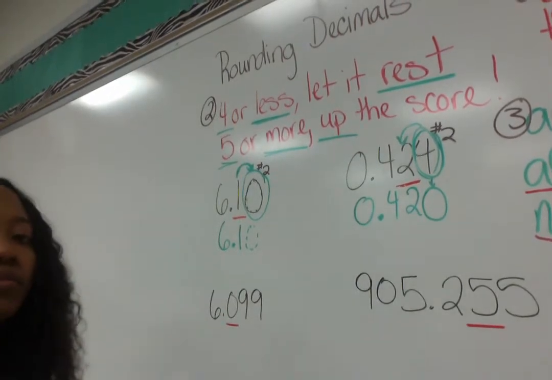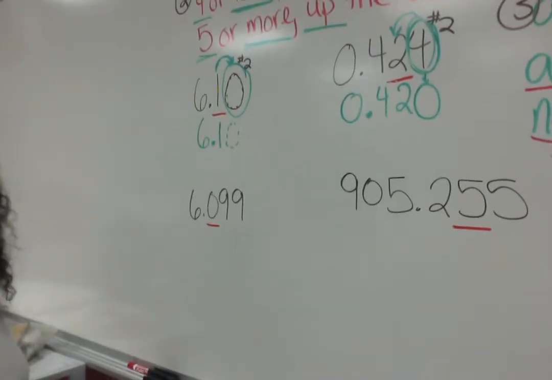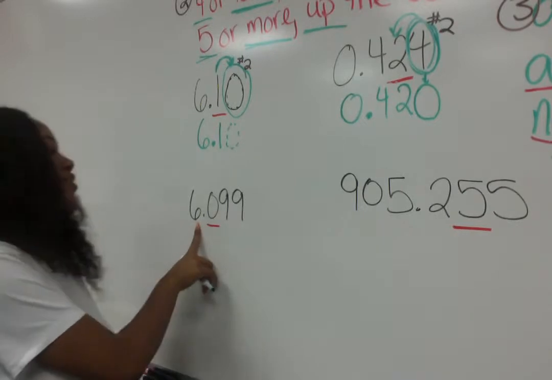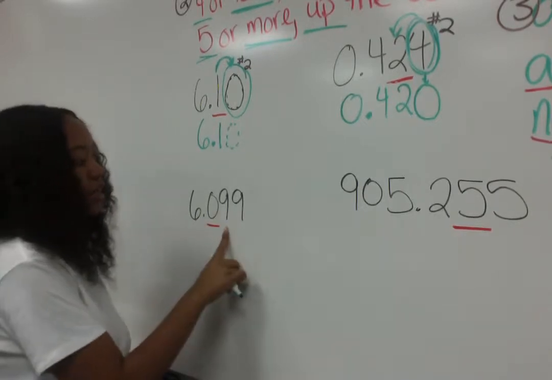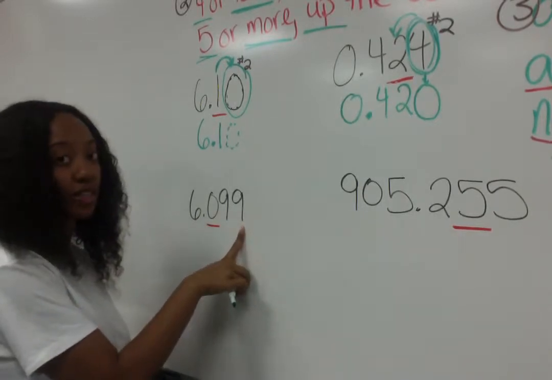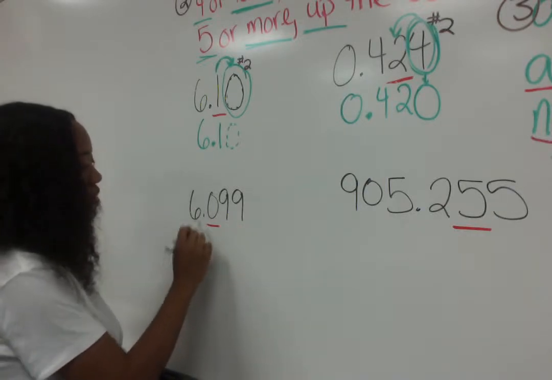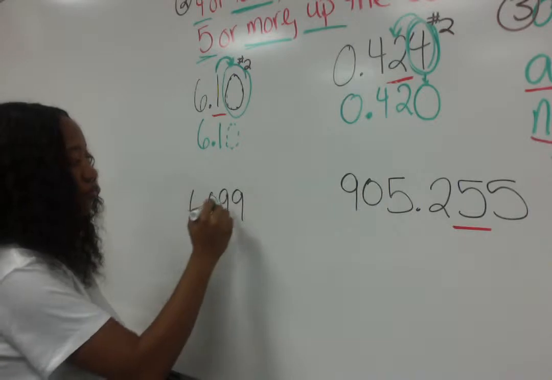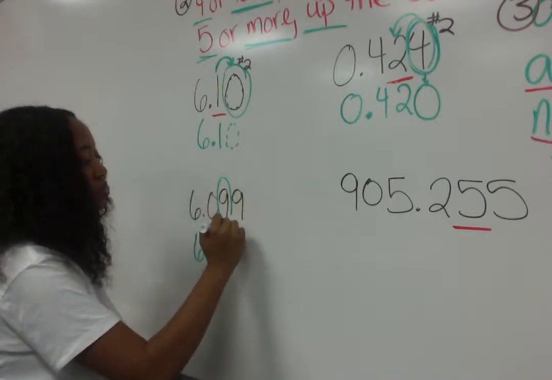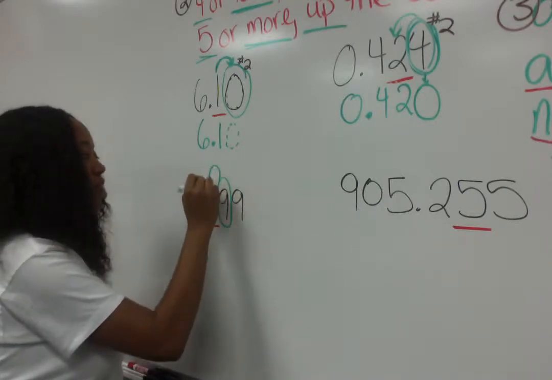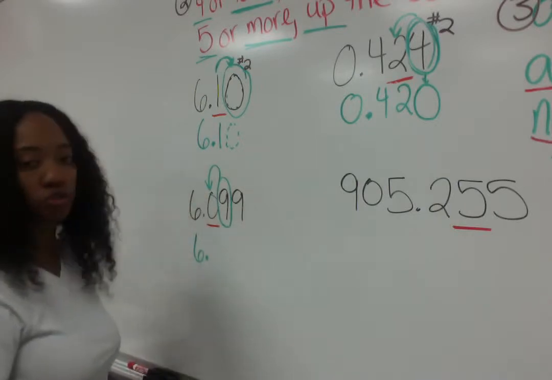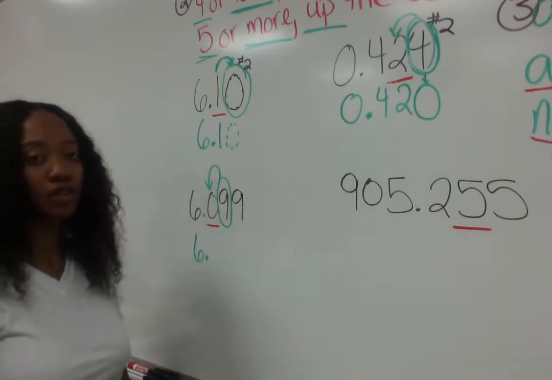So you can see, 6 and 99 thousandths. I'm going to keep my 6, keep my decimal. The 9 is what is circled to figure out what happens to my 0, which is underlined.